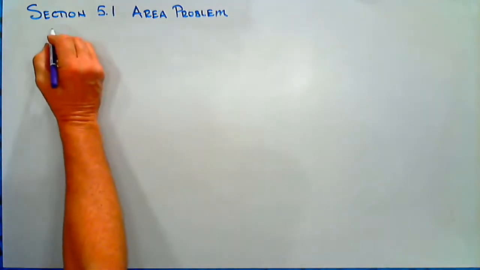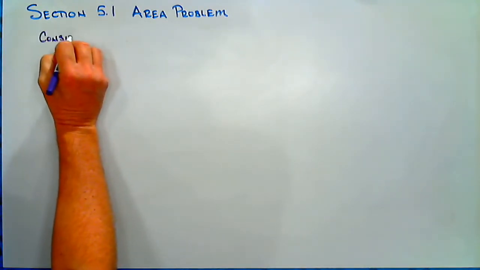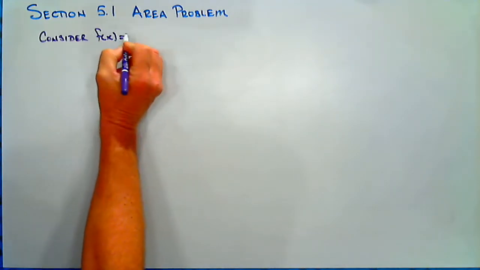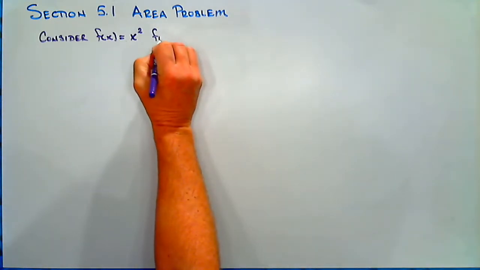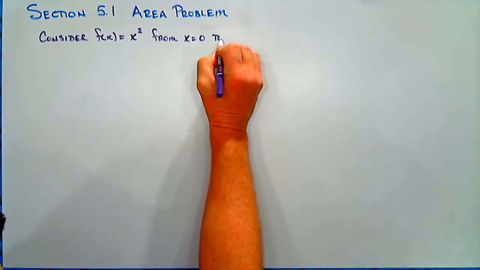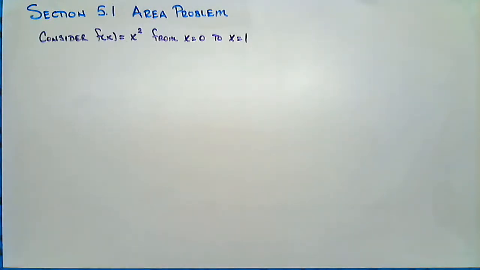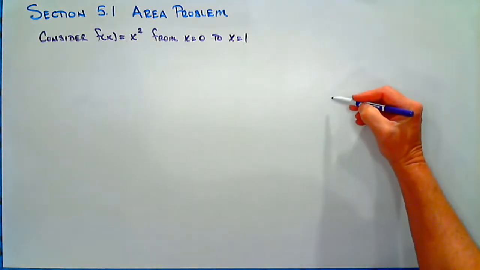So we're going to consider f of x equals x squared, our friend the parabola, from x equals 0 to x equals 1. That's how we're going to begin this process. So over here on the side, I'm going to draw just a sketch.